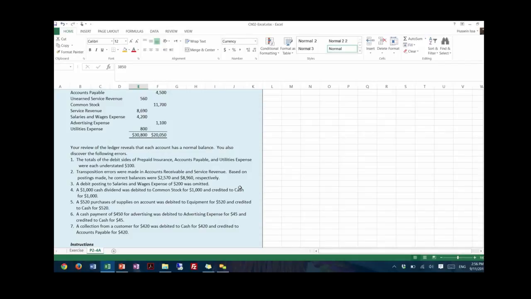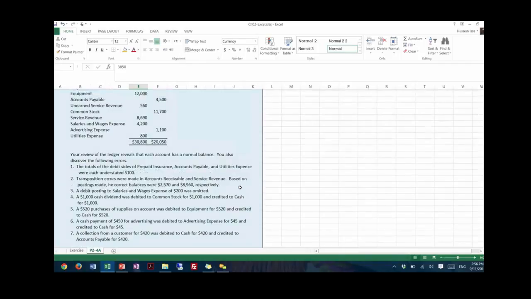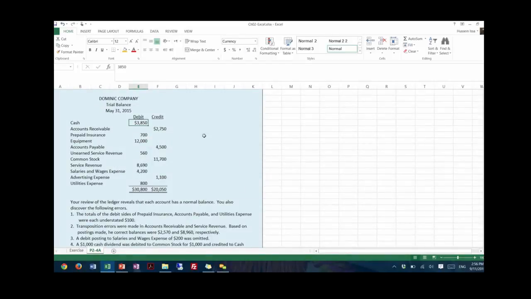So for each one of them, you will have to add 100. Okay? So this is how you can do it. For example, this one, it's prepaid insurance, right? You put plus 100.